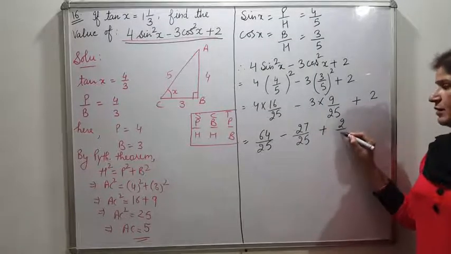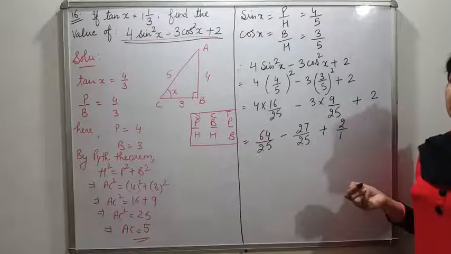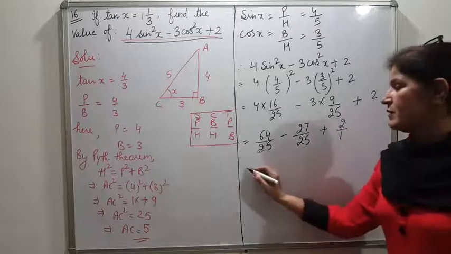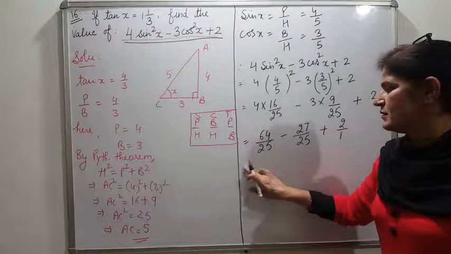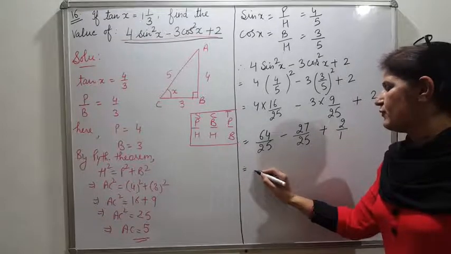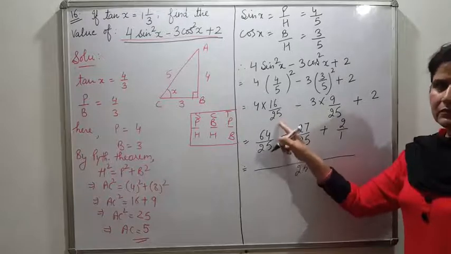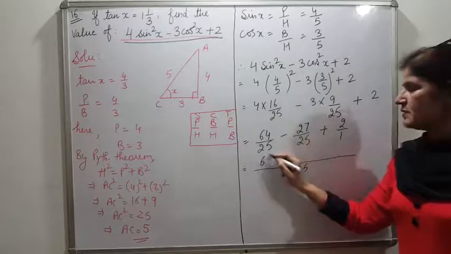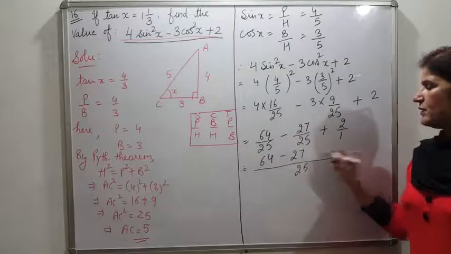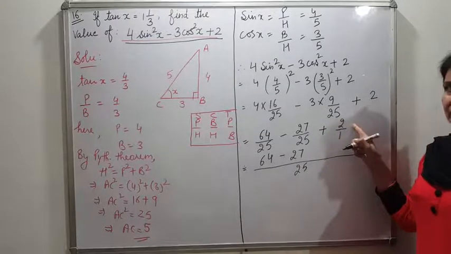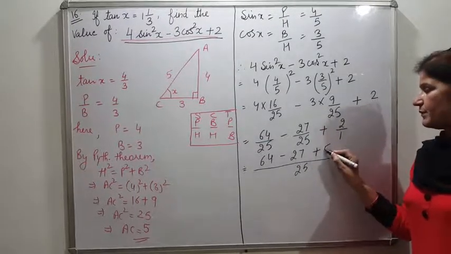We will take here 1. Now we have to solve it by taking LCM. LCM is 25. Same LCM. The numerator will come 64 minus 27 here. 25 multiplied with 2, we get 50.